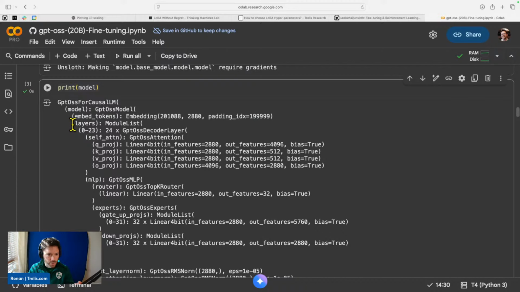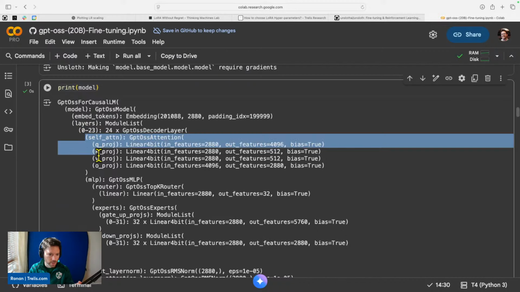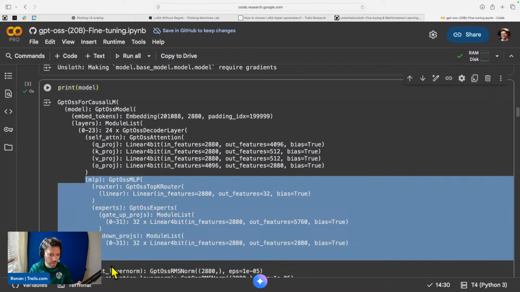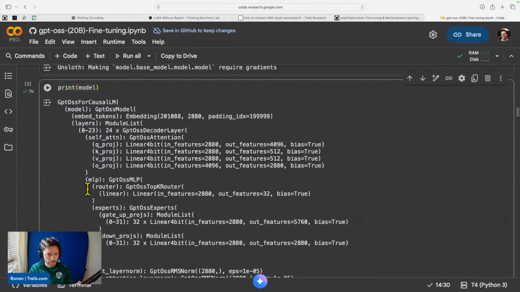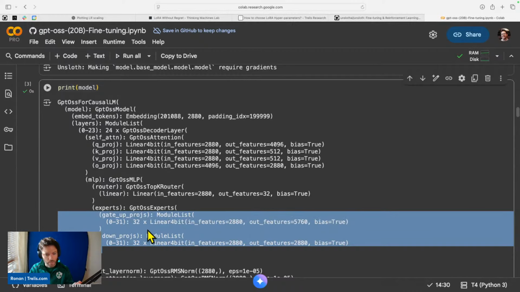Then you can see the layers, and every layer, there are 24 of them, 0 to 23, has got attention and it's got MLP. MLP is a bit more complicated for this model because it's a mixture of experts. So it has this router, which contains a linear layer. And then each expert contains up projections and down projections.